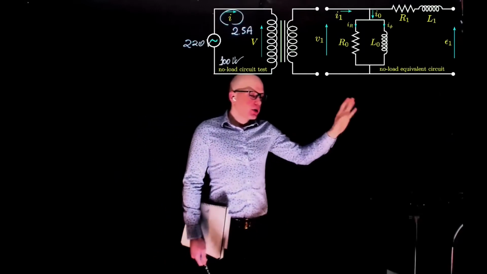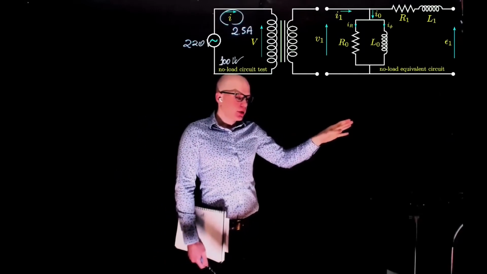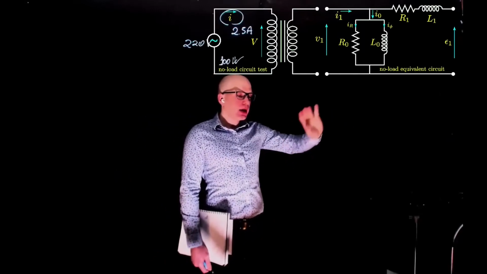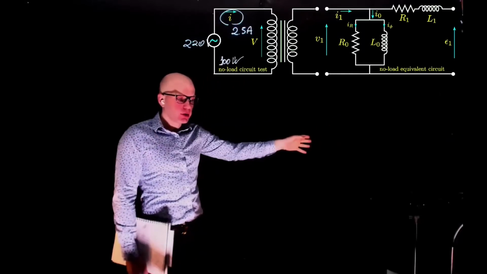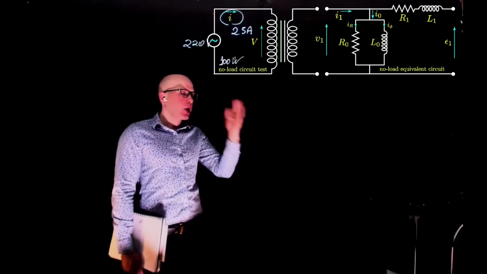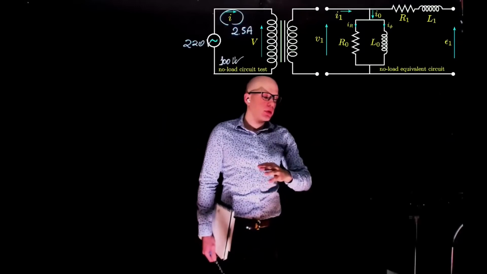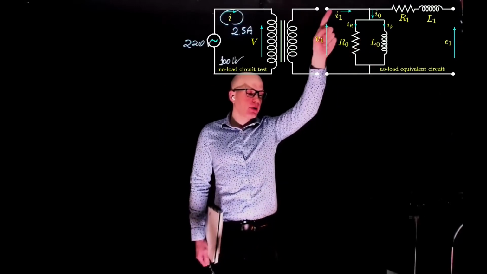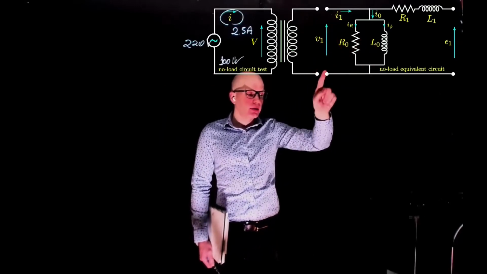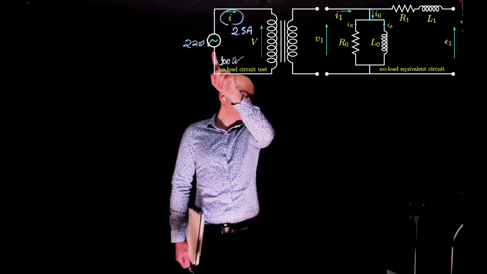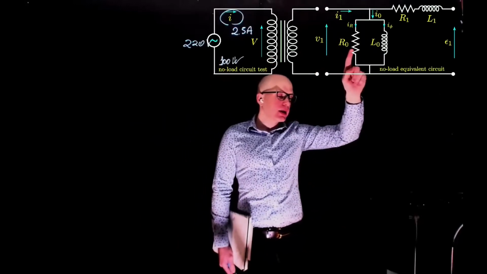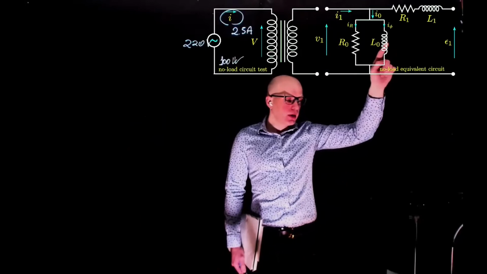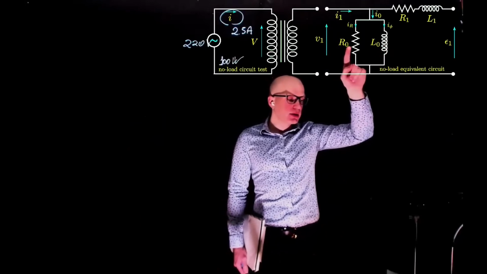If there is nothing connected on the output terminal, then we can neglect the other part of the transformer, which in this case would be the primary winding. This is the equivalent circuit. We have the input voltage here. We have to magnetize the core, and we need to compensate for joule losses.